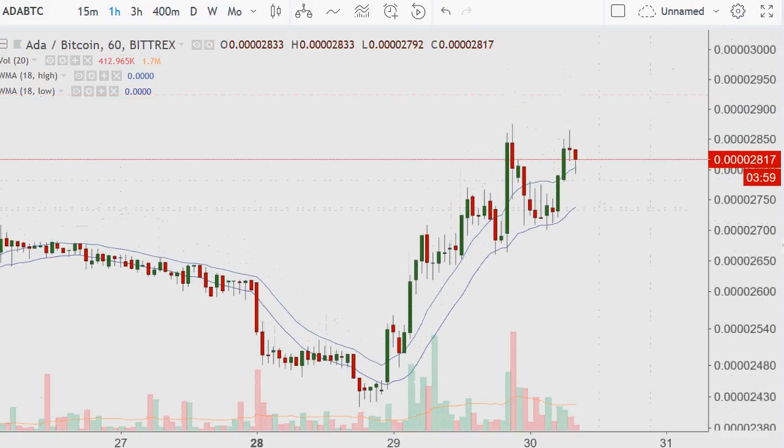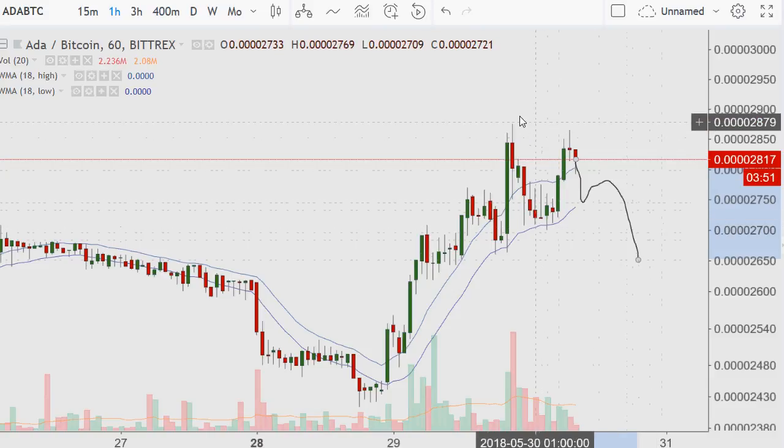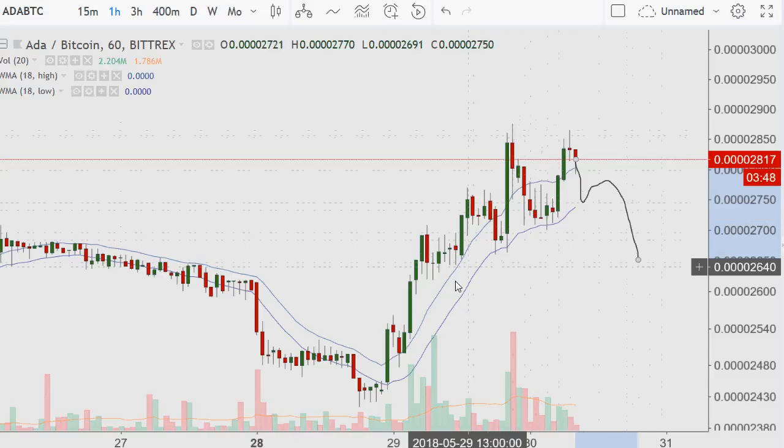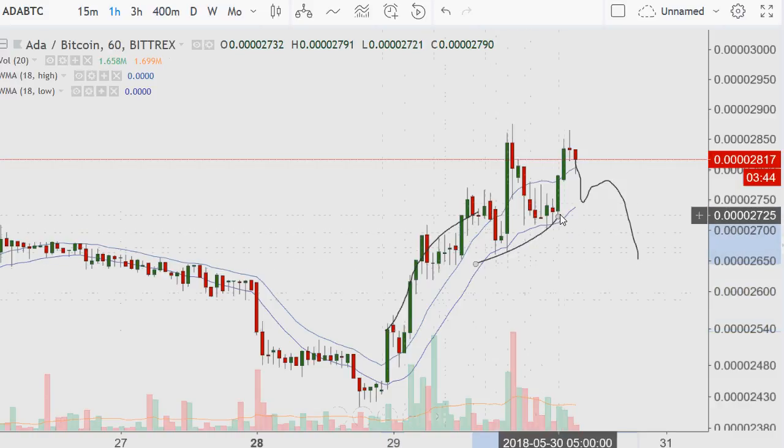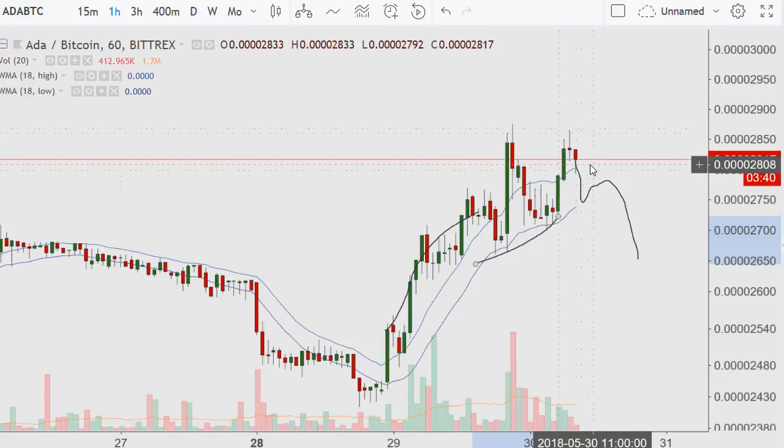We could very easily have a spot where this is a lower high, where it goes like this, comes into the band, and then it just falls. Yeah, it happens often. When you have a nice uptrend like this, a few times of supporting this, and it falls.